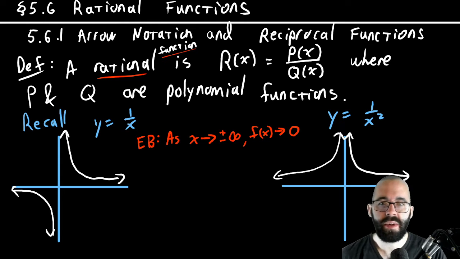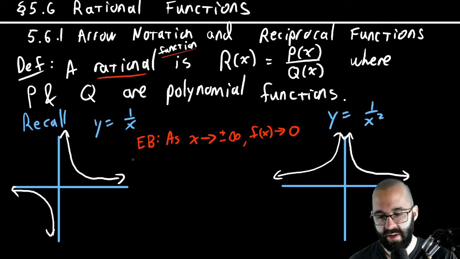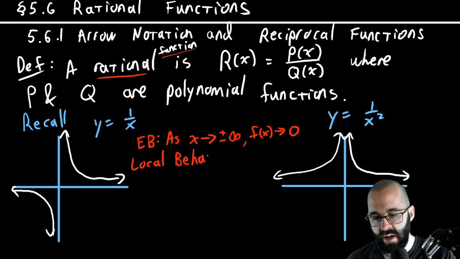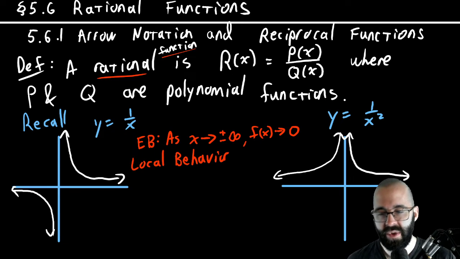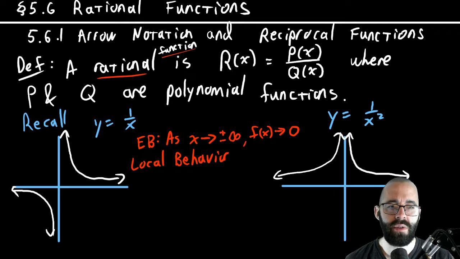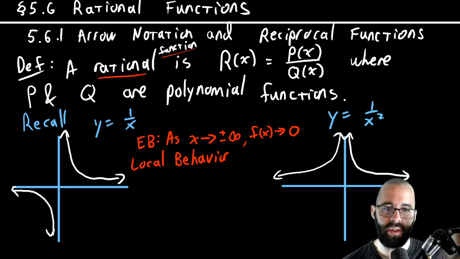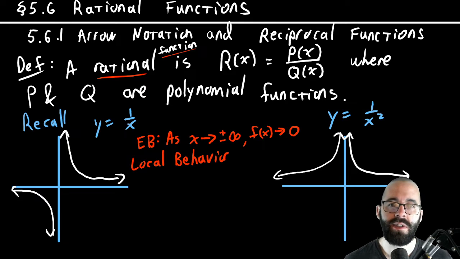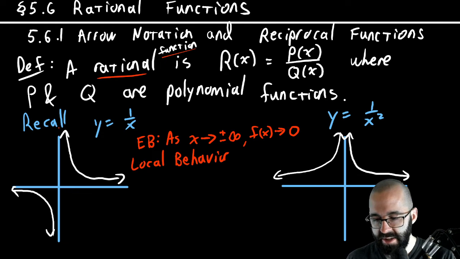Now we're also going to talk about something called local behavior. All right, and that's something a little new here. Local behavior is a lot of times going to talk about vertical asymptotes. Local behavior means a lot more than that, but a lot of times in this section, we're going to be using arrow notation on vertical asymptotes. Okay, so let's look at this vertical asymptote right here.